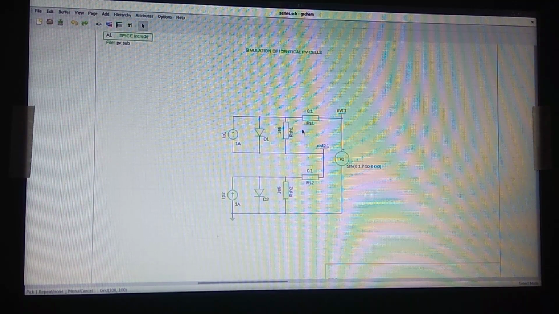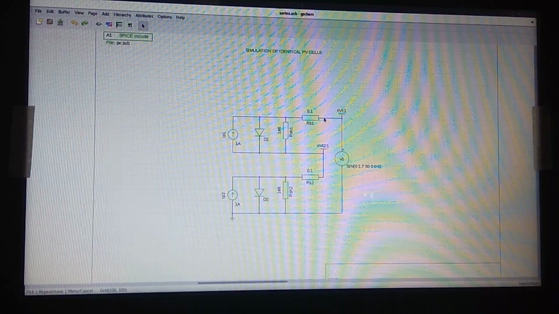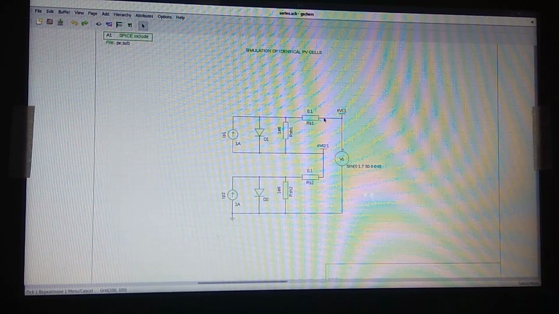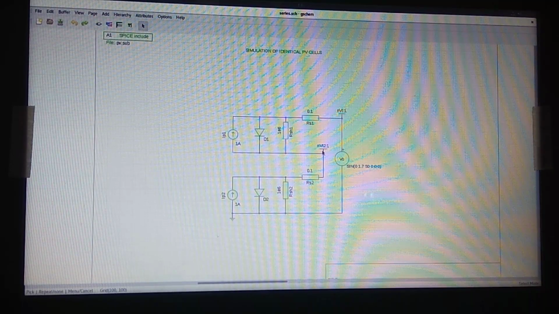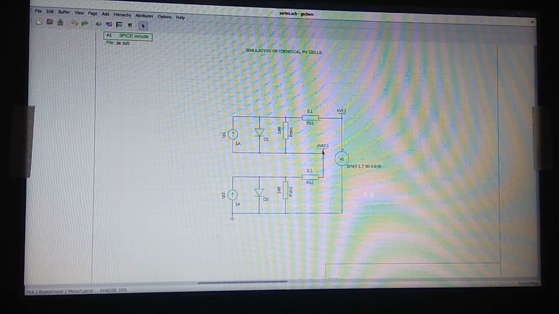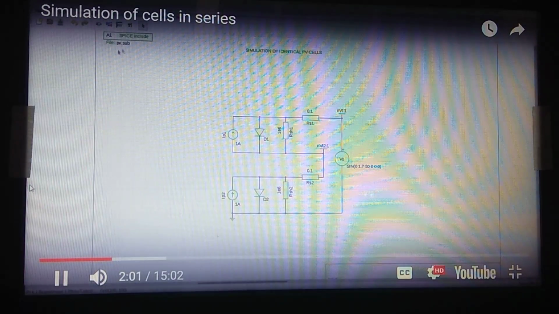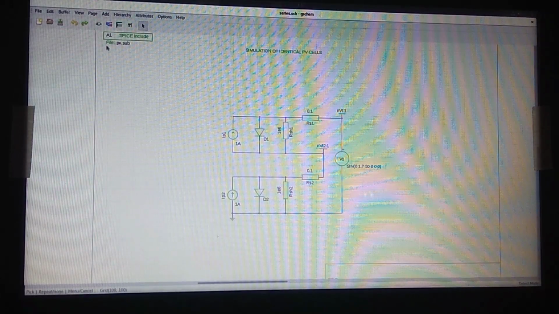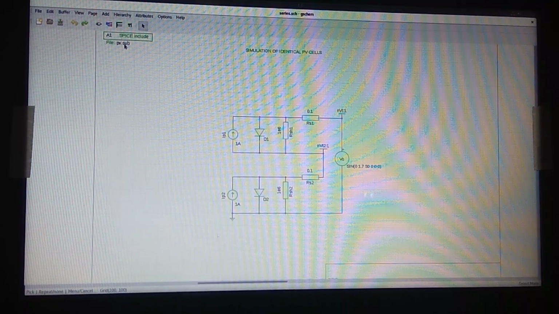If you have to find the terminal voltage for the top cell, which is PV cell 1, it is NVT minus NVT2. I have included here the SPICE include directive. The file is pv.sub. Inside that is a default diode model, which is supposed to handle these two diodes, D1 and D2. So now we are ready with the schematic.